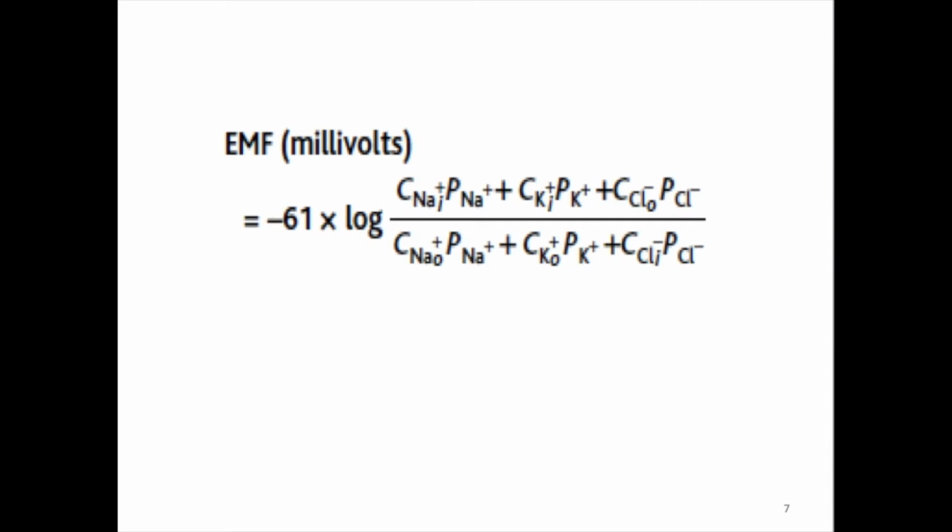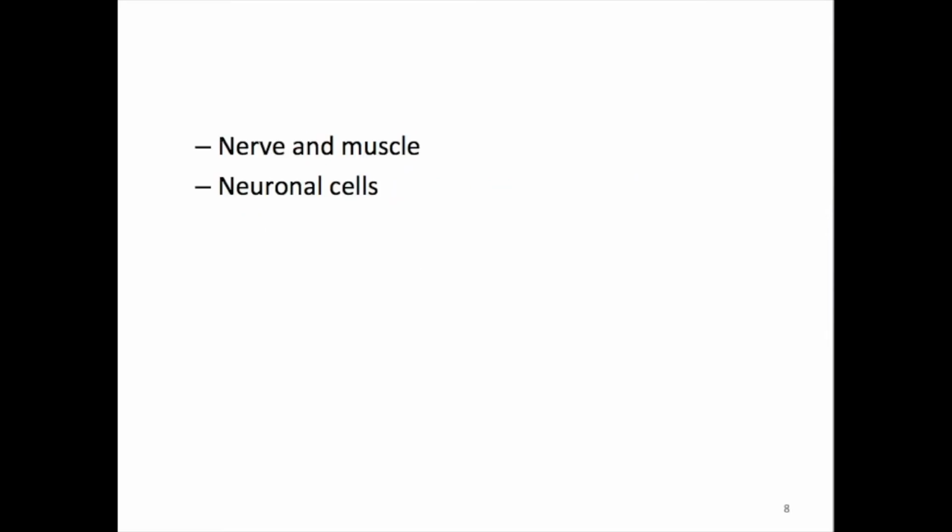Sodium, potassium, and chloride ions are the most important ions involved in the development of membrane potentials in nerve and muscle fibers and in the neuronal cells in the nervous system.